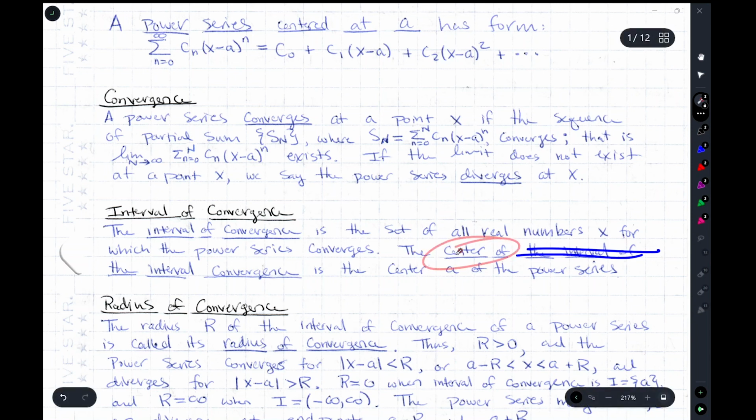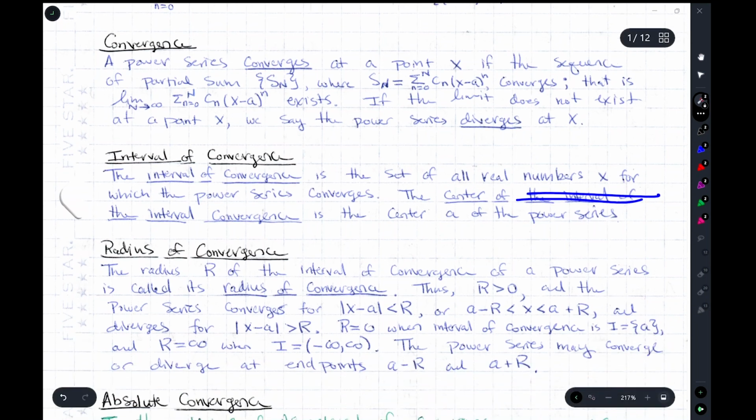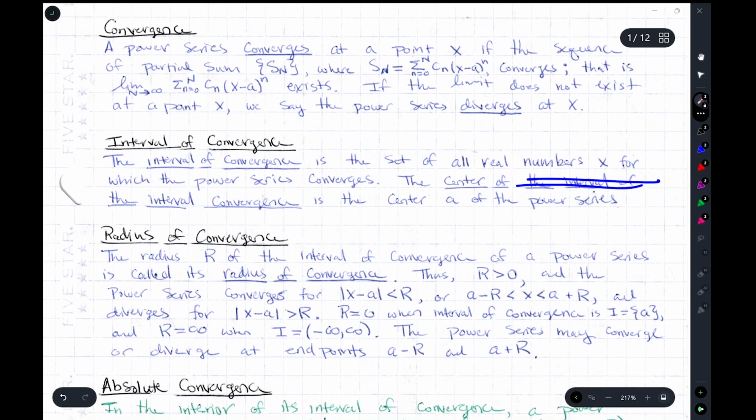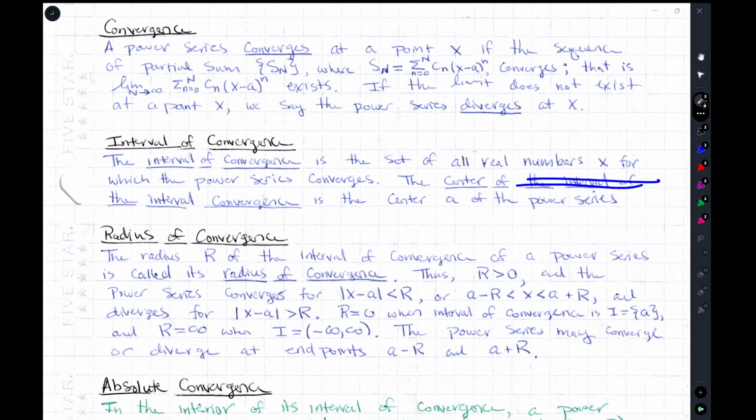How do we know that this point will lie right in the middle? Well, because that's just how they work. You have a radius of convergence, so there's somewhat of a symmetry there from the center for how far you could go to the left or right of that point a, that center.